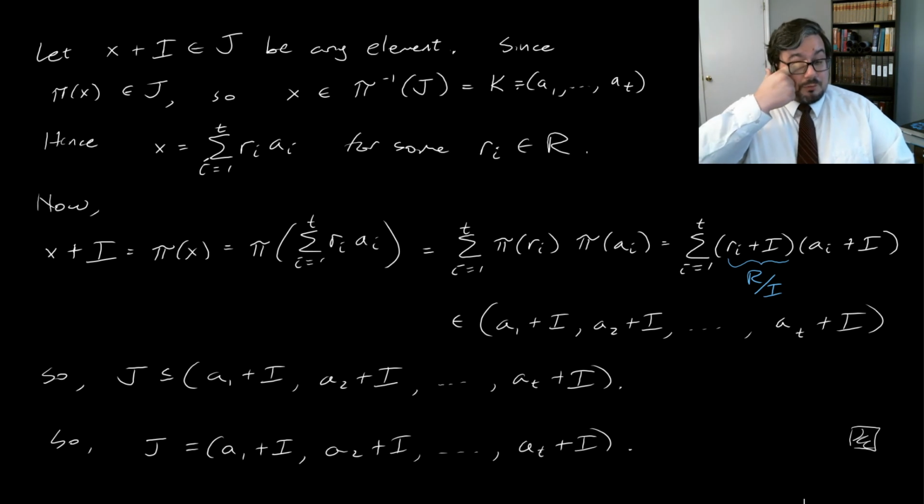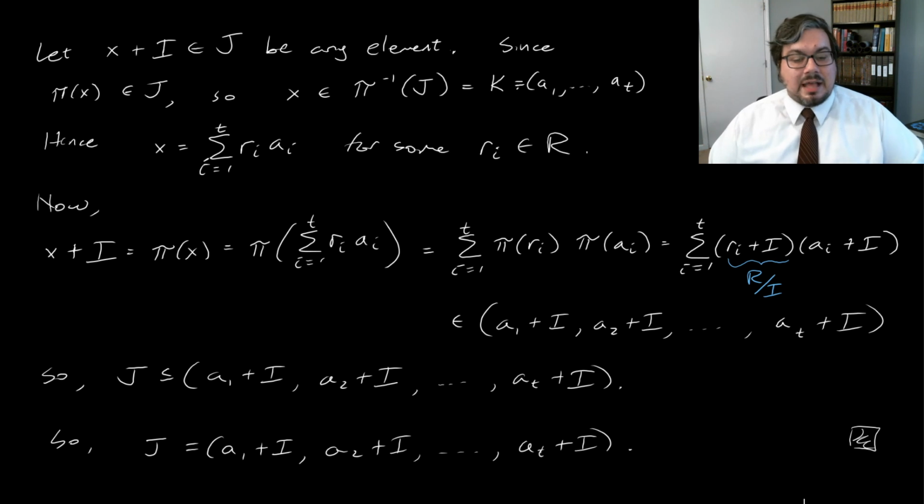So this proof, if we trace it through, does a little more for us than just tell us that the factor ring of a Noetherian ring is Noetherian. It tells us that we can find the generators of an ideal in a factor ring by finding the generators of the preimage of that ideal under the projection homomorphism, which is often a very useful thing that we want to do.